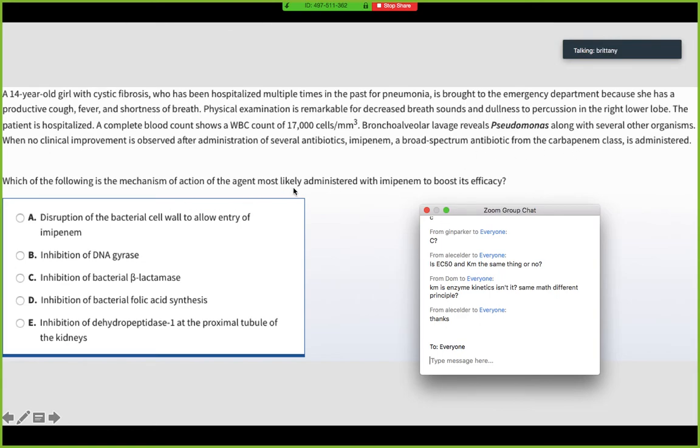Which of the following as a mechanism of action is most likely administered with imipenem to boost its efficacy? So what do you give with imipenem to boost its efficacy? Right, cilastatin. And what happens when you give cilastatin with imipenem?